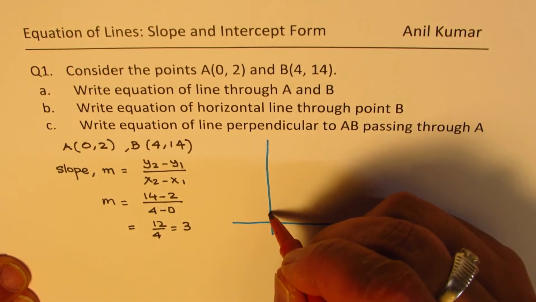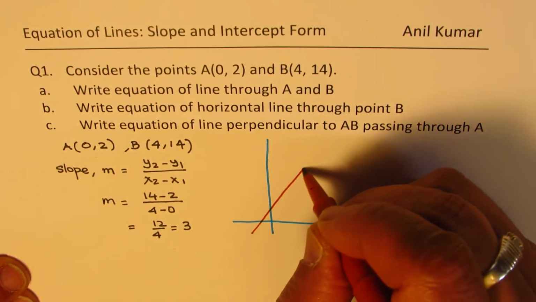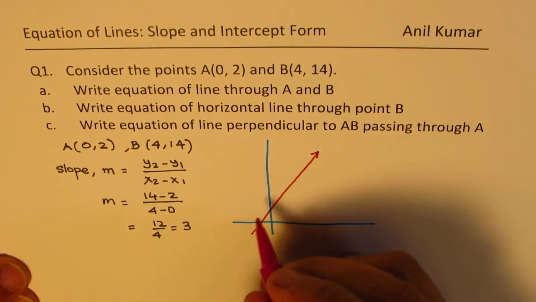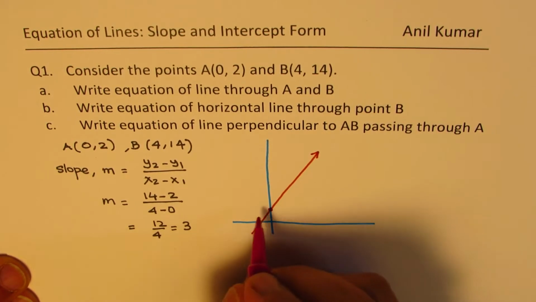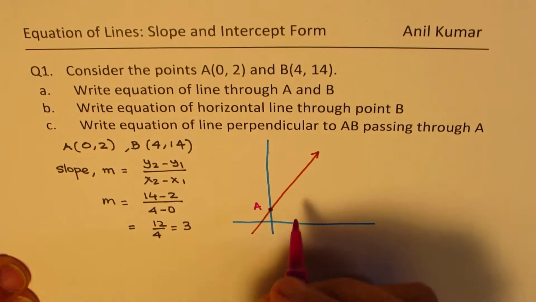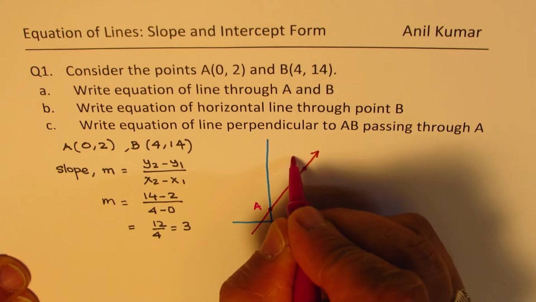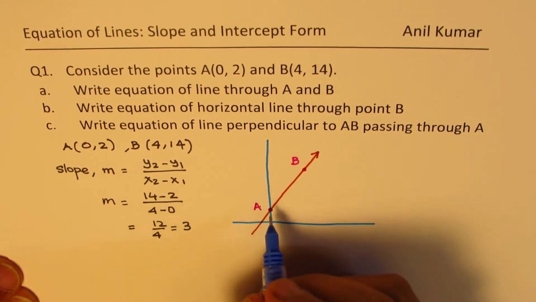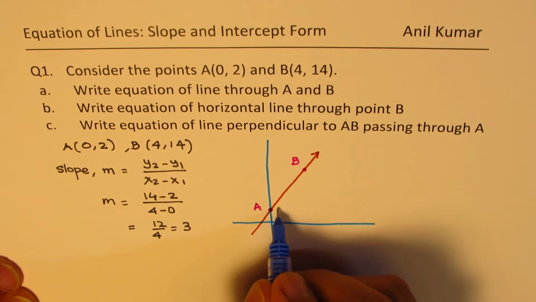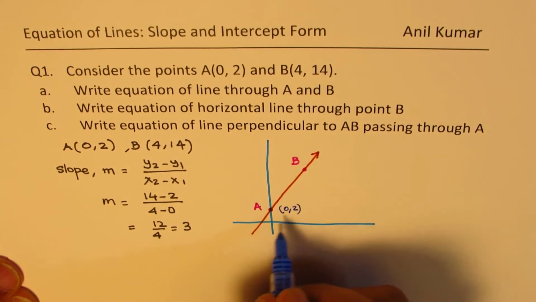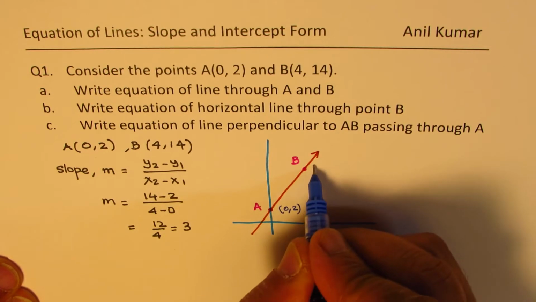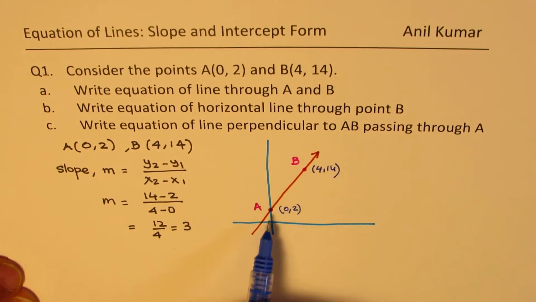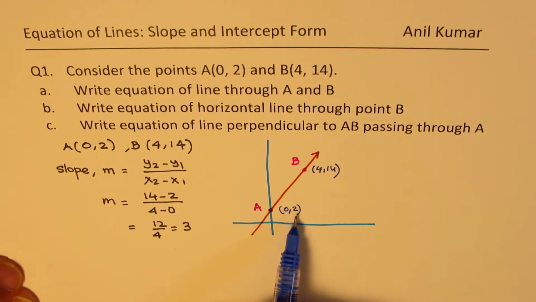Let's say the line is going like this, where point A is the y-intercept. This is your point A, and that is your point B. Let's write down the coordinates: A is given to us as (0, 2), so it's the y-intercept, and point B is (4, 14). As you can clearly see, the y-intercept is actually 2.